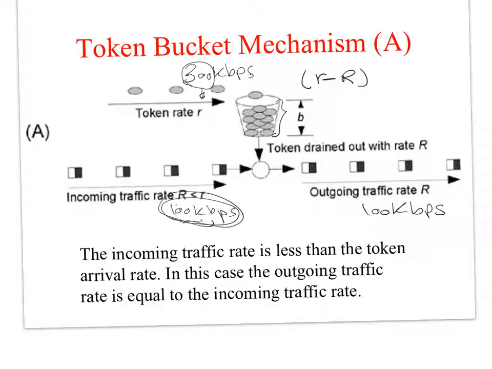Okay? So let's save it for the next time? Yes, exactly. So this is the whole purpose: I'm saving this credit so that I can use it later, because as we said, the incoming traffic is going up and down. Okay? So what leaky bucket tries to do is to change this traffic.